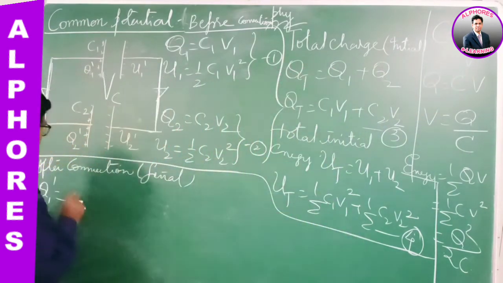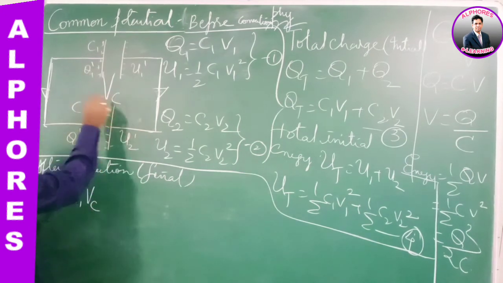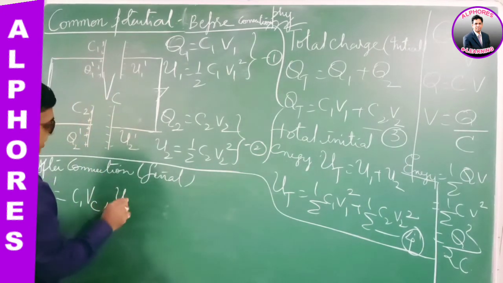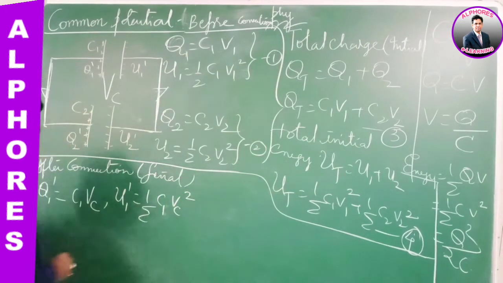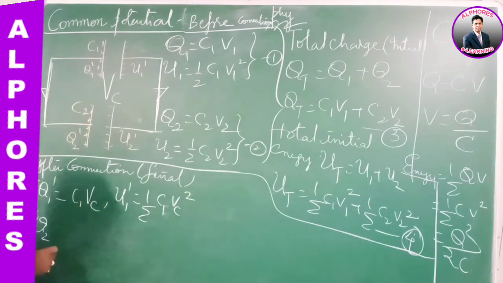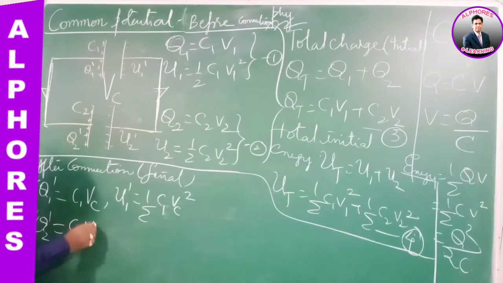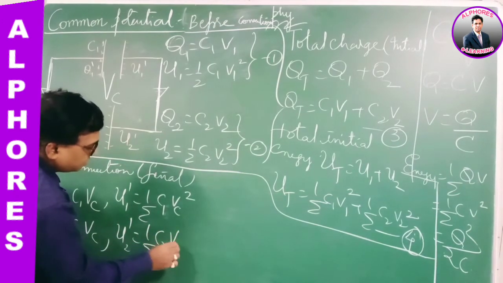So Q1 dash is C1 Vc, as the capacity remains the same, and the energy U1 dash is half C1 Vc square. Similarly for the second capacitor, Q2 dash is C2 Vc, and energy U2 dash is half C2 Vc square.